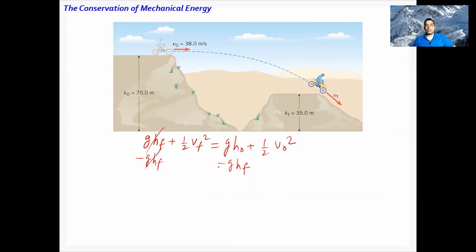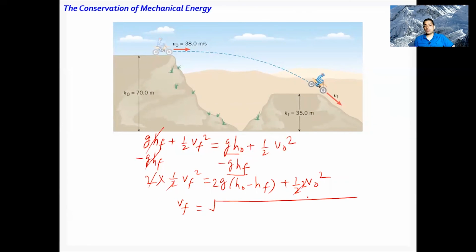This cancels out, and you're left with 1 over 2 vf squared equals g times h0 minus hf, factoring out g, plus 1 over 2 v0 squared. If you multiply both sides by 2, the 2s cancel out, and your vf equals the square root of 2g times h0 minus hf plus v0 squared, right?